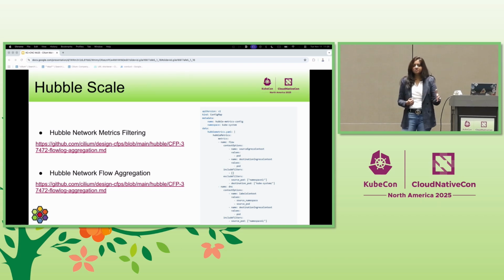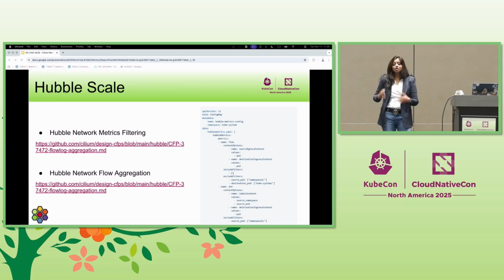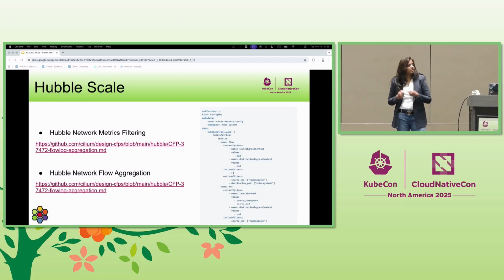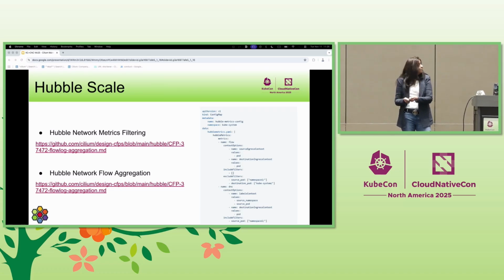You can apply filters at different layers. You can filter those metrics at storage, but you're still paying the storage cost. You can filter those metrics at the scraper, but you're still paying the cost of every COGS happening on your guest. So we added filtering at the very start of the layer by enabling network metrics filtering.